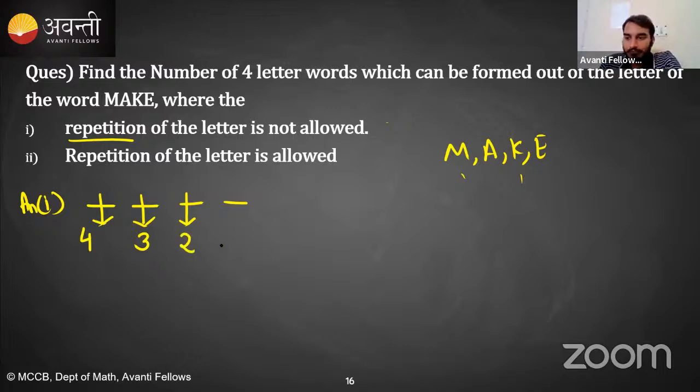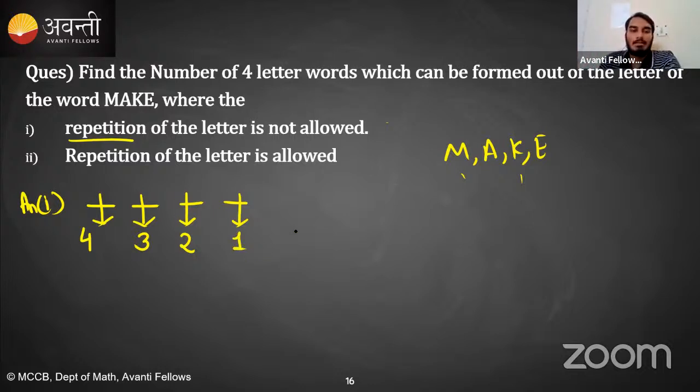Yes or no? Now, corresponding to each of these ways, how many choices are left for the fourth place? The first 3 places are filled, which means we have used 3 letters. Only 1 letter will be remaining. Yes or no?